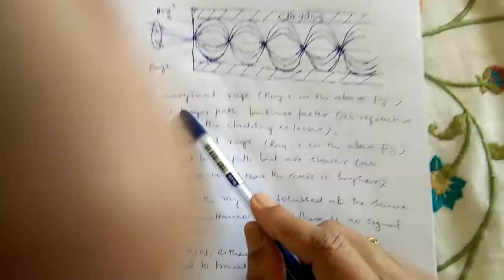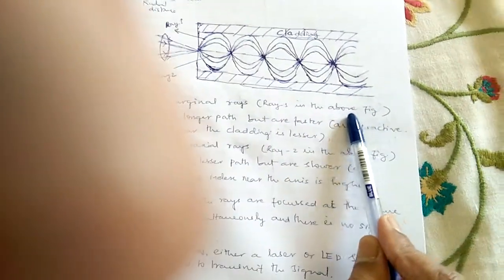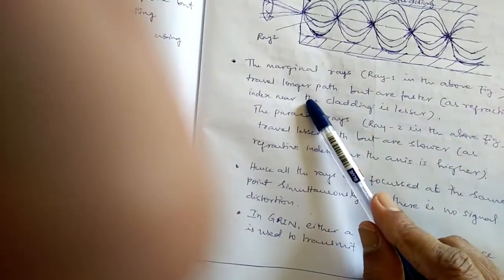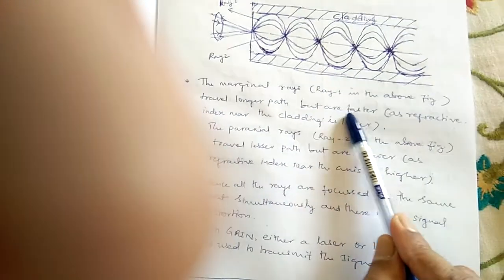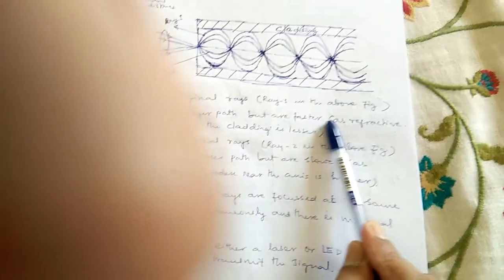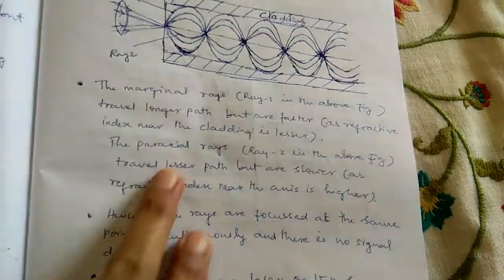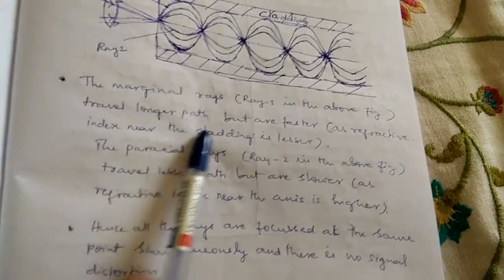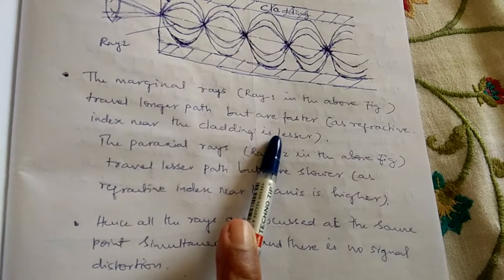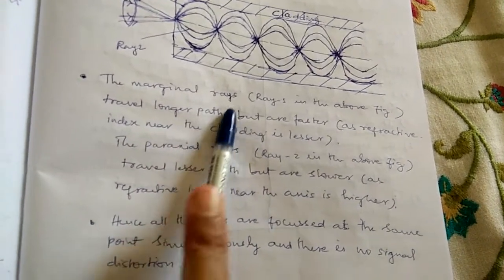We can consider it like this: the marginal rays, ray 1 in the above figure, travel a longer path but are faster, as the refractive index near the cladding is lesser. When the refractive index is lesser, it moves faster, hence it traverses a longer path.